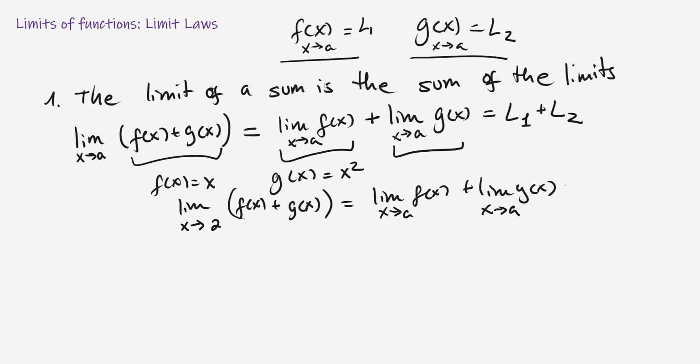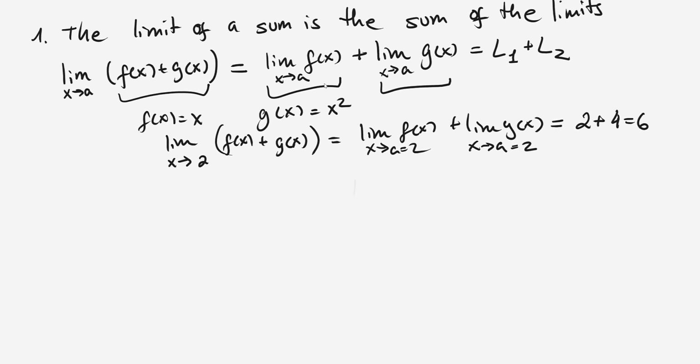And in this case, since these are continuous functions, we just have our a equals 2, right? So we have f of 2 equals 2, and g of 2 equals 2 squared, which is 4, so it is 6. So that's obviously a very simple example, but this shows you how you can work with this first law. So we can move on to our second law.